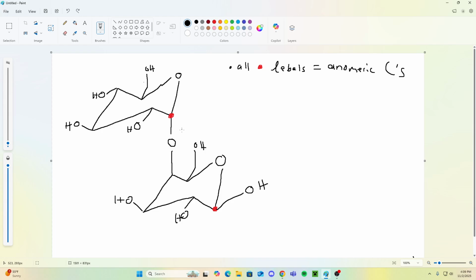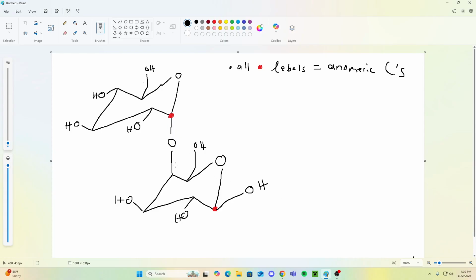And to see the difference between glucose and galactose, all you have to do is look at the alcohol group right here. See how this is pointed downward and planar versus this guy who would normally be pointed upwards in this group.